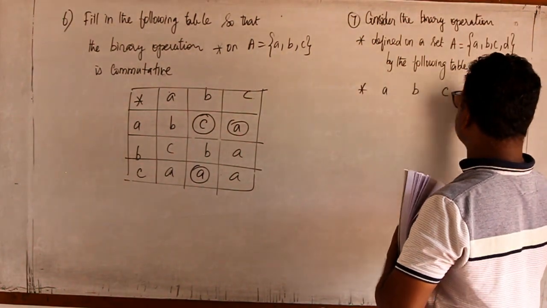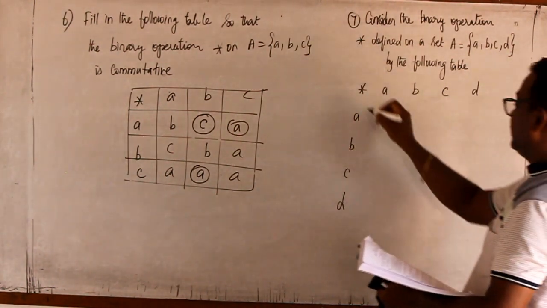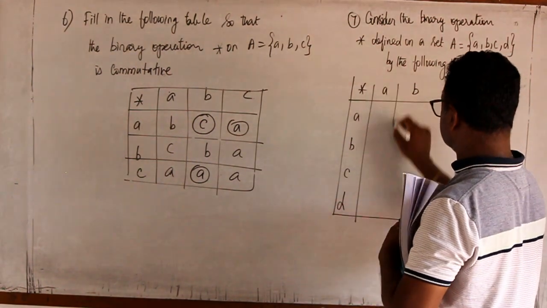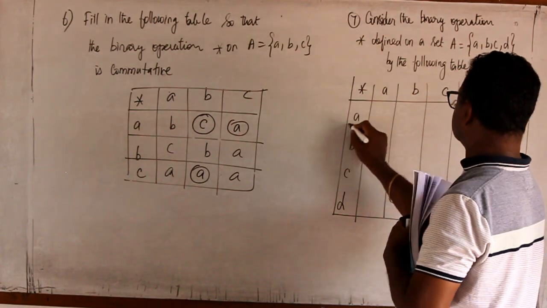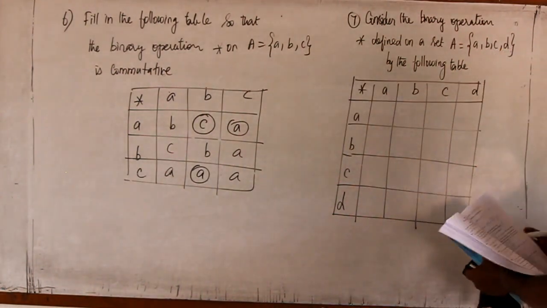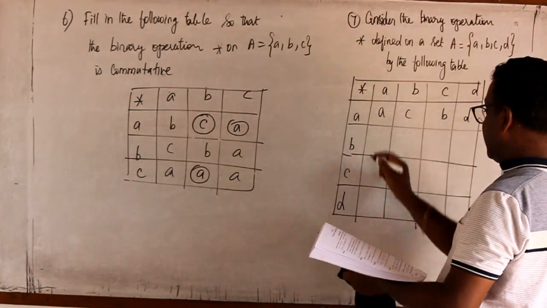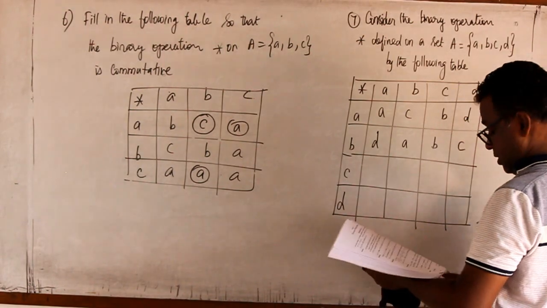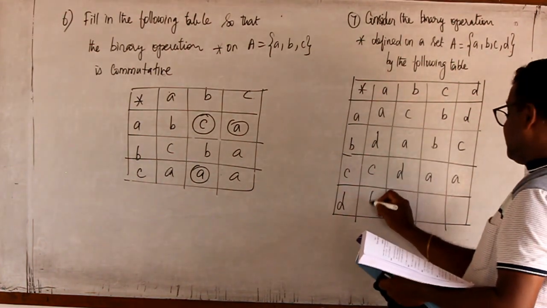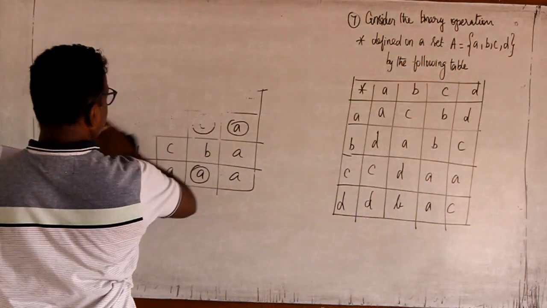Star, A, B, C, D, A, B, C, D. So, A, C, B, D, D, A, B, C, C, D, A, B, B, A, C. The question is, they gave everything.